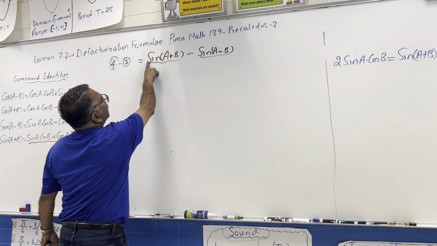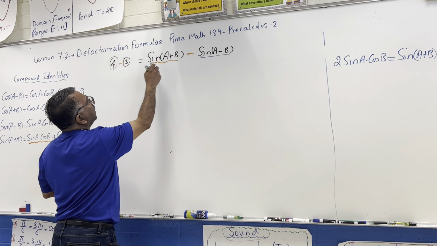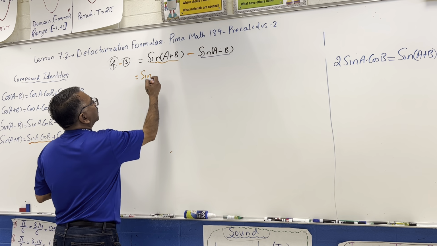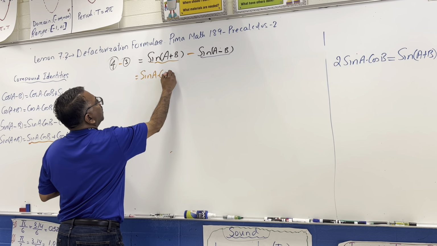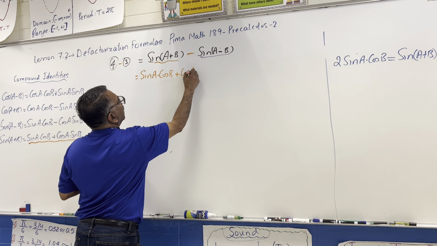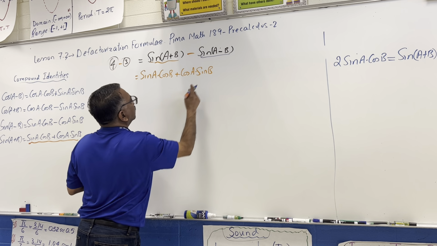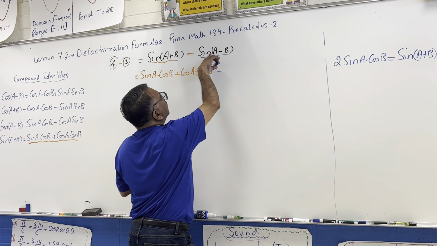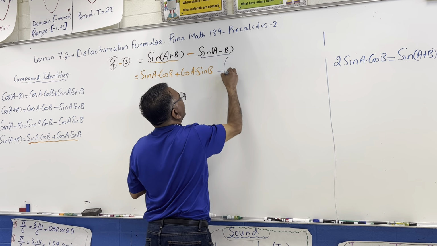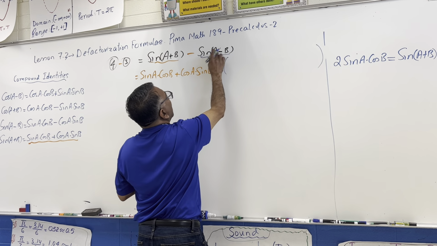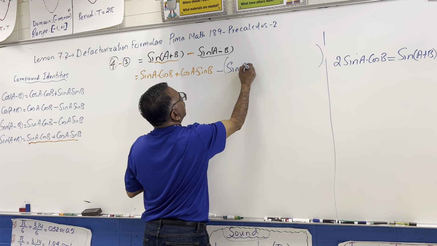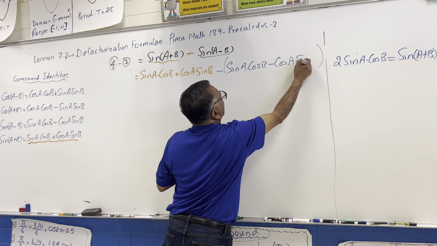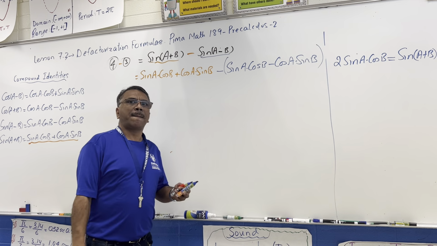First of all, sine of A plus B is sine A cosine B plus cosine A sine B. Then minus, there's a minus I have to write inside here, so sine A minus B is sine A cosine B minus cosine A sine B. Is that okay?